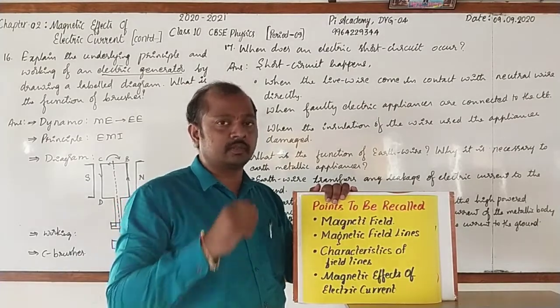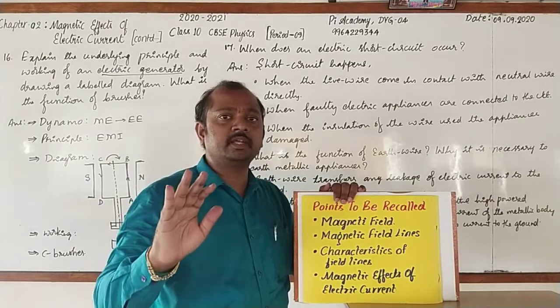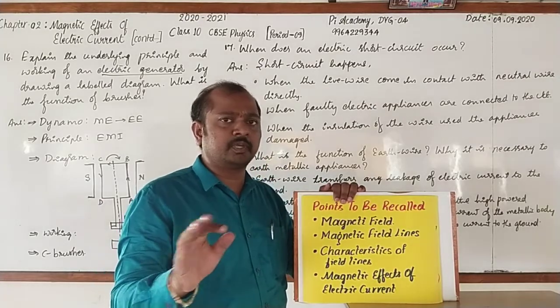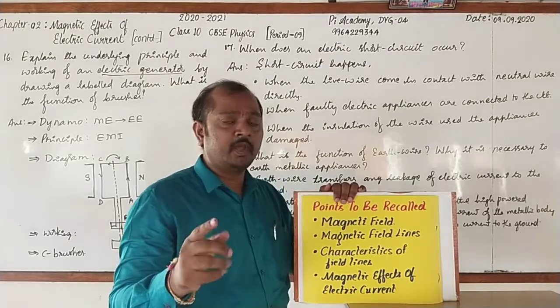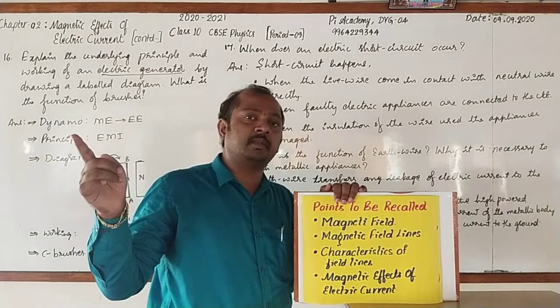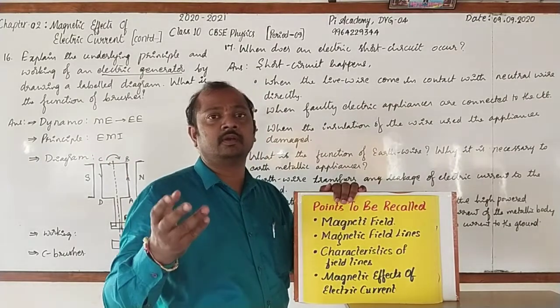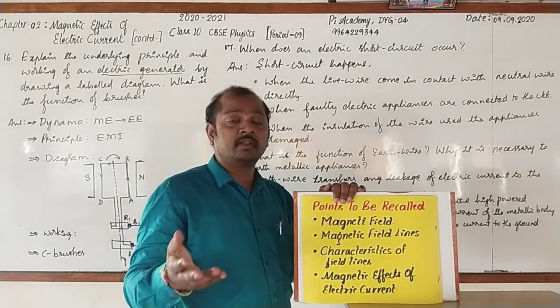The magnetic field lines never intersect each other. It's very important. They are also strong enough to pass through materials like glass, wood, stone, bone, muscle, etc.